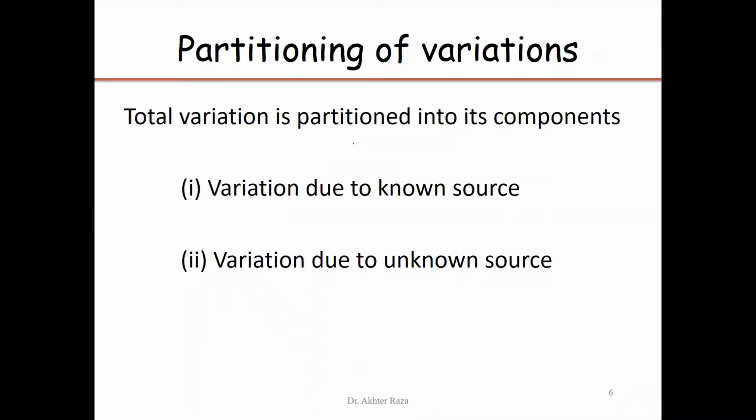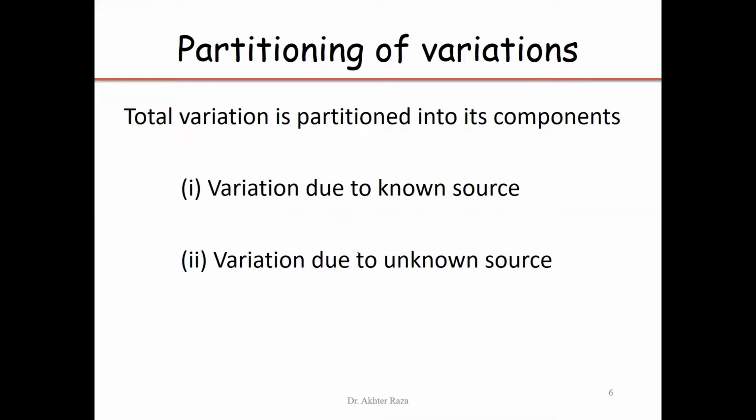Total variation is partitioned into its two components: variation due to the known source and variation due to the unknown source. It is called variation within variety, and it is called variation between variety. In another example, we can say it is variation within sample, and it is called variation between samples.